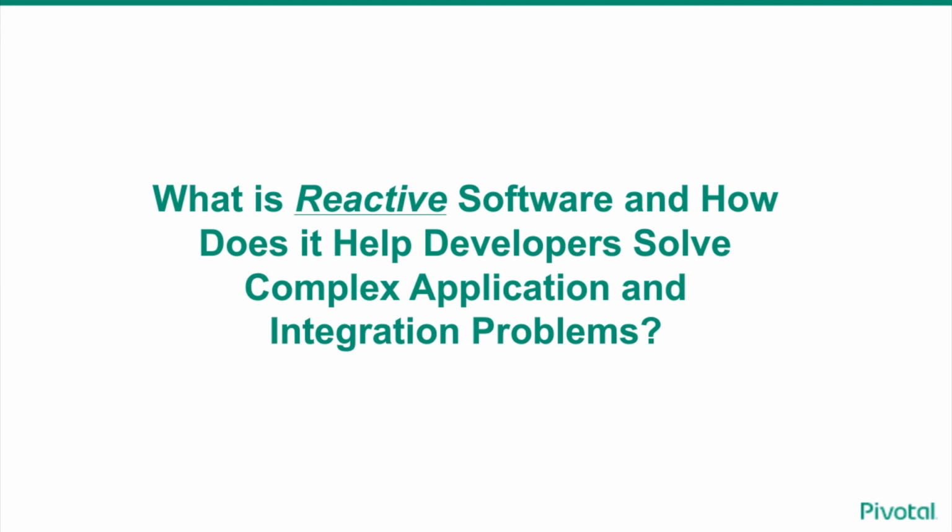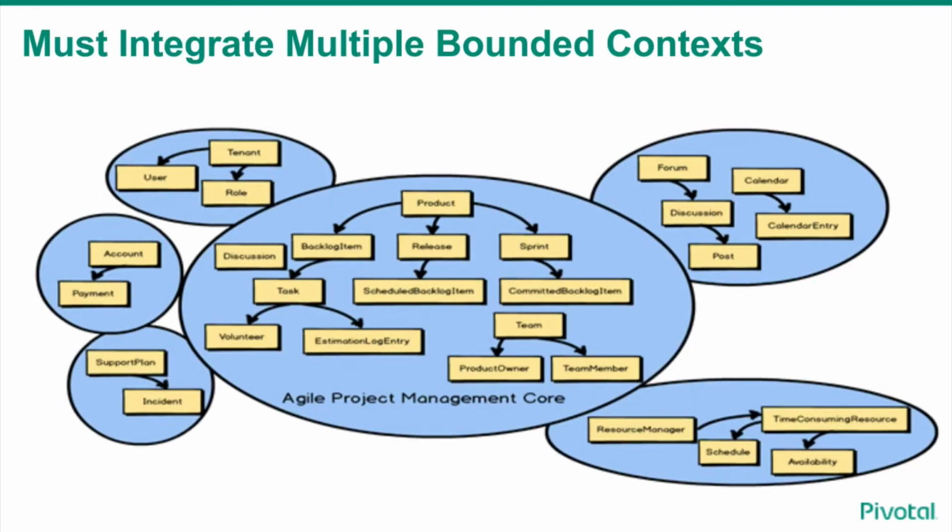So what is reactive software, and how does it help developers solve complex applications and integration problems? Well, let me address this question now. Let's start out by referring back to the multiple bounded contexts that exist in this project.